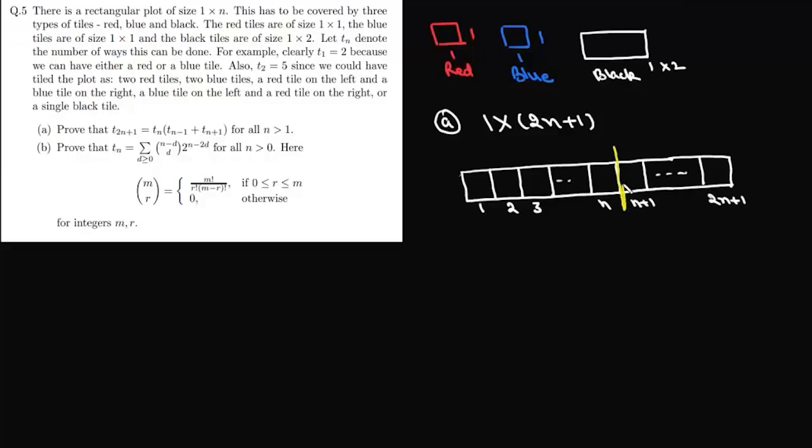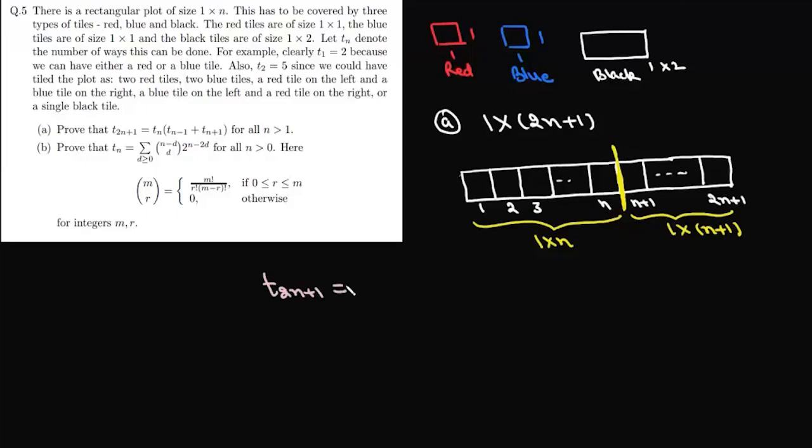Let this line divide the plot into 2 parts, where the first part is 1 cross n, and the second part is a 1 cross n plus 1 dimensional plot. Now we need to find the total number of ways in which we can arrange the tiles, that is T2n plus 1.